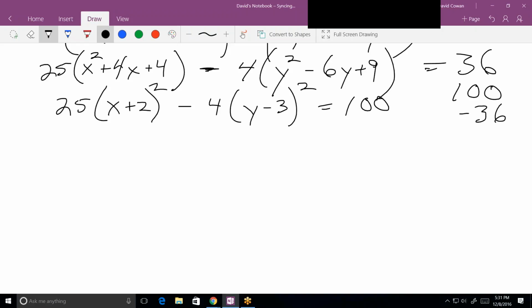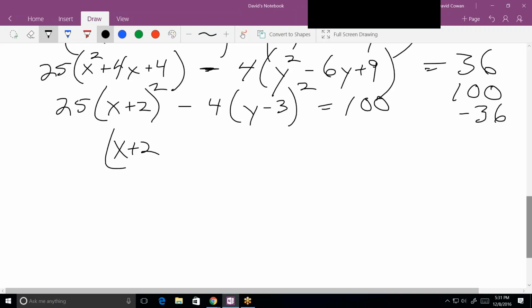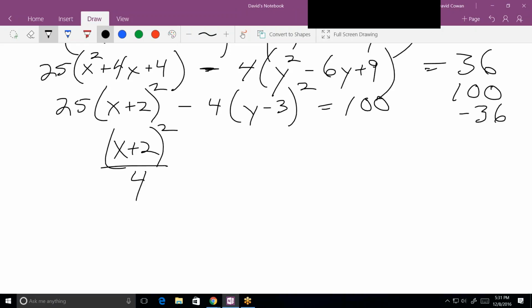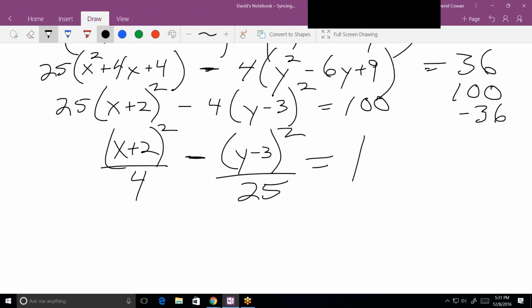All right. So what's the next line? It would be x plus 2 squared over 4 and y minus 3 squared over 25 equals 1. Is that correct? I think that's correct. Yep.